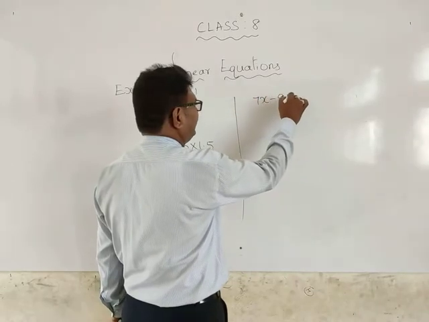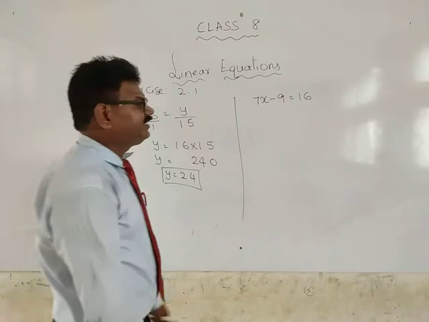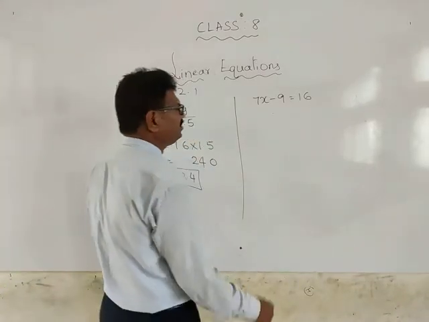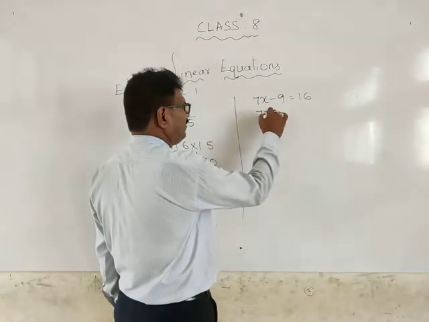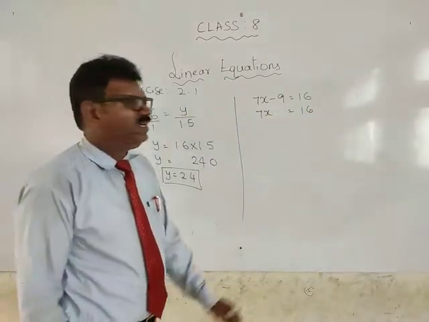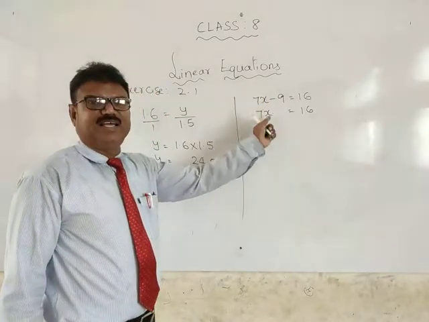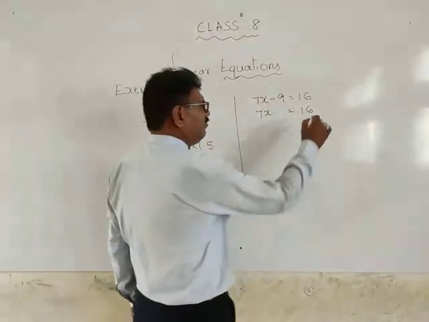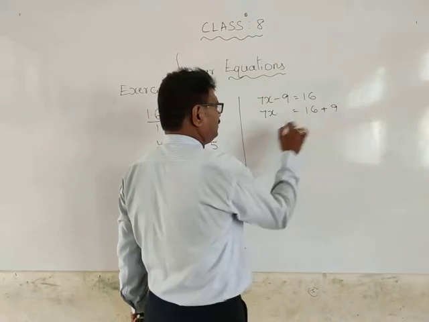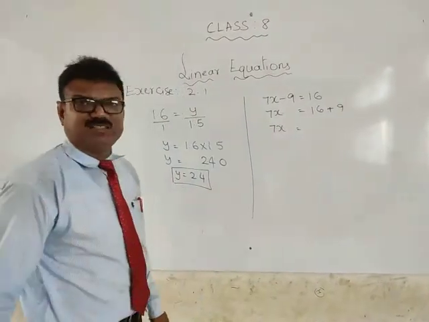7x minus 9 equal to 16. 7x minus 9 equal to 16. Very, very simple. 7x equal to 16. First you should write like this. Now here minus 9 is there. If the minus 9 goes to the right side, it will become plus 9. Therefore, 7x equal to 16 plus 9.